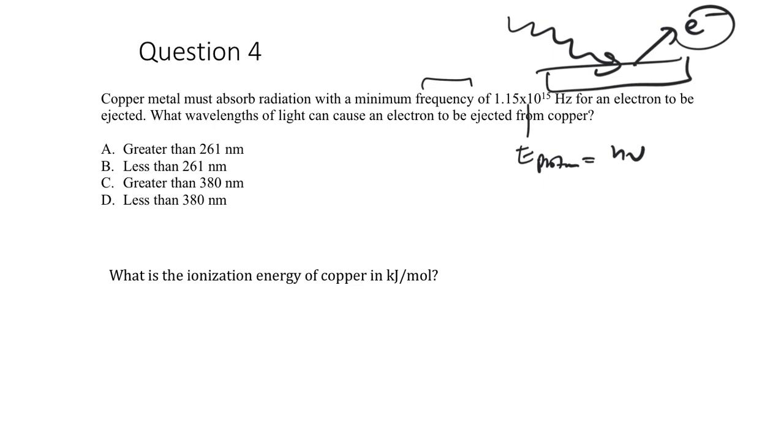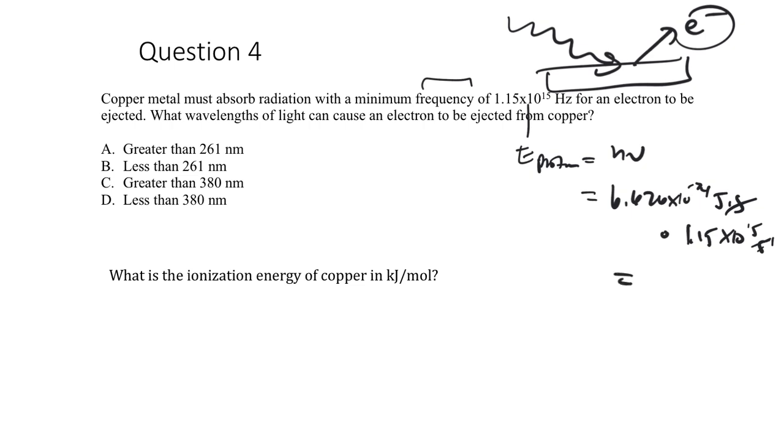Let's actually work this out real quick, because we can actually see that the energy that this photon has that minimally causes an electron to be ejected from this metal, we take 6.626 times 10 to the minus 34 joules times seconds times 1.15 times 10 to the 15 inverse seconds. Inverse seconds cancels into seconds.